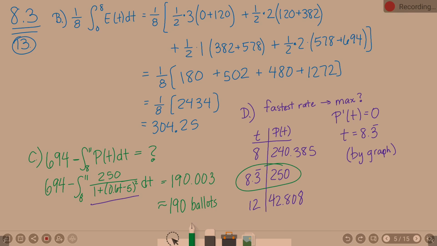So what time does 8 represent? 0, what is this one? So 0 to 8 was 7 a.m. to 3 p.m. 8 to 12 is 3 p.m. to 7 p.m. 8.3 is 3:15. Not 3:15.